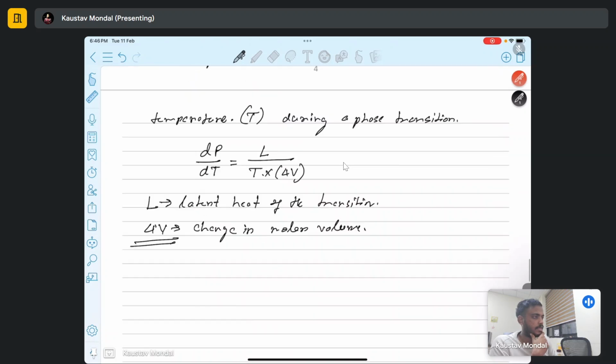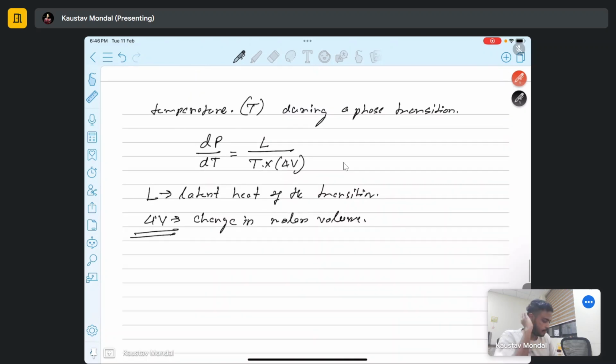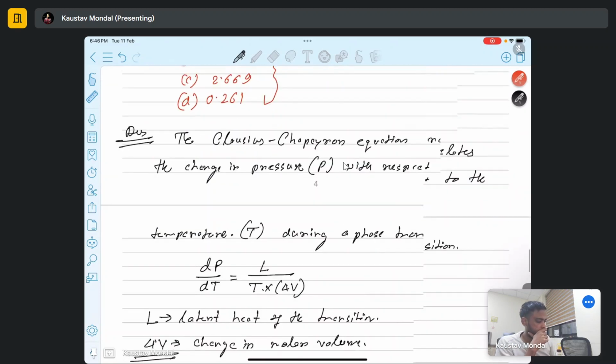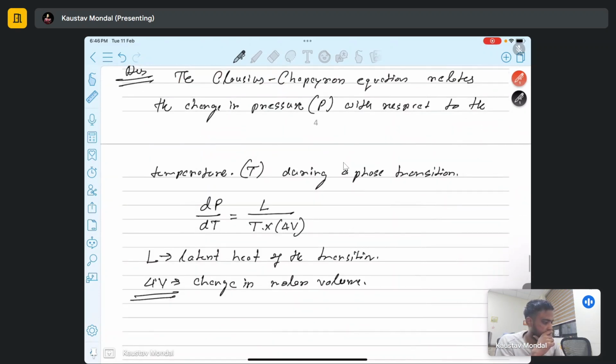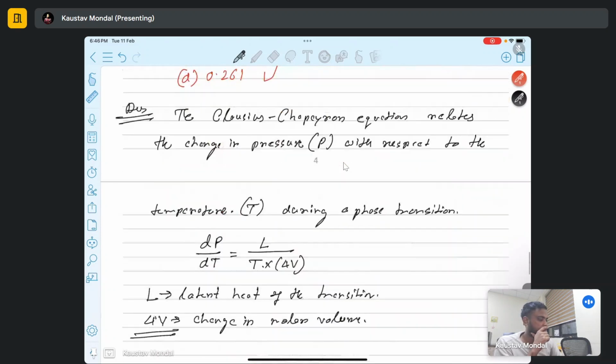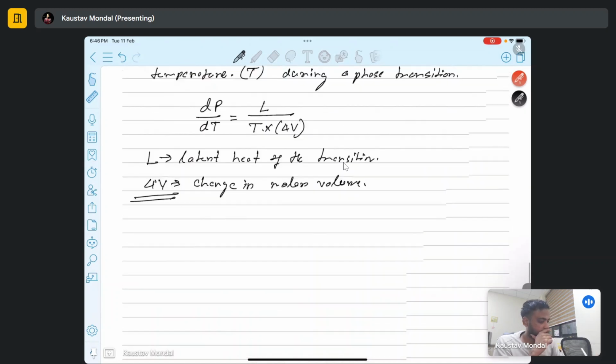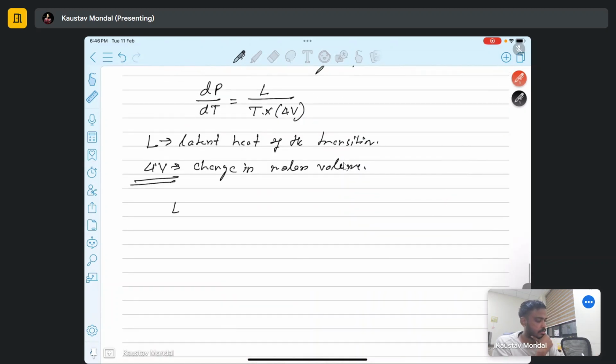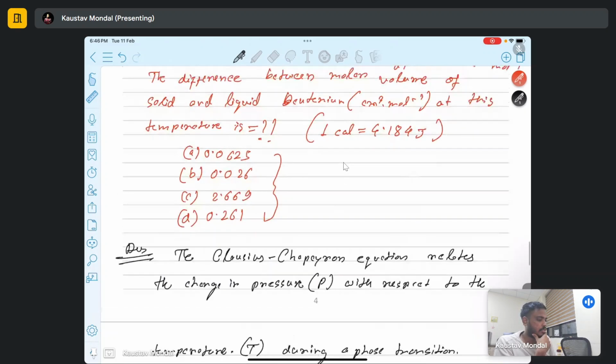So this change in molar volume you have to calculate. Latent heat is given. So now come back to our problem. For our problem, latent heat is 47 calorie per mole inverse. Let me write: L is equal to 47 calorie per mole, but our answer we have to calculate in terms of joule, right?